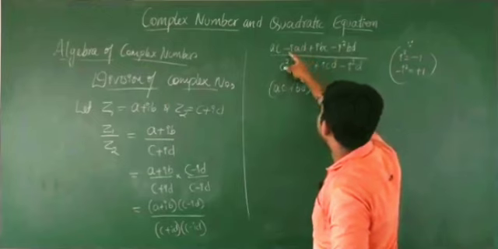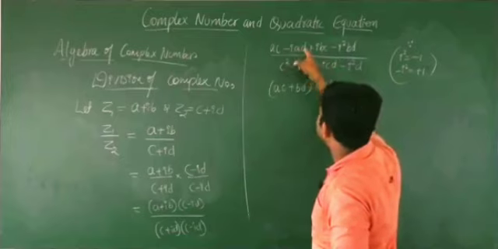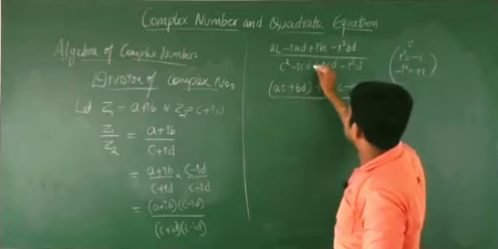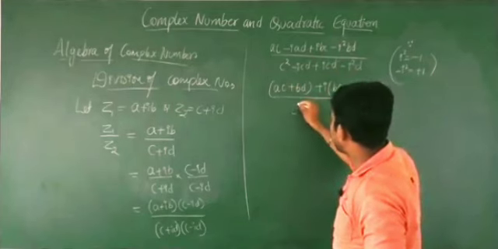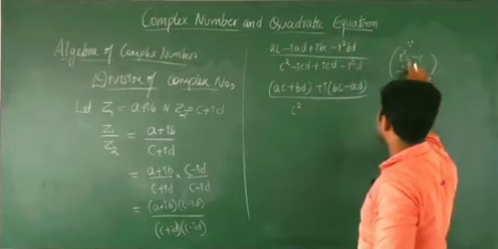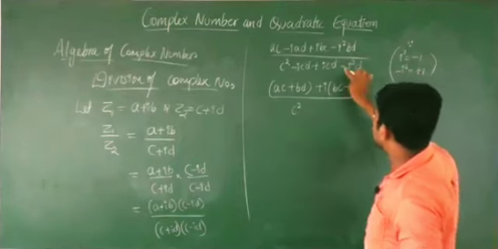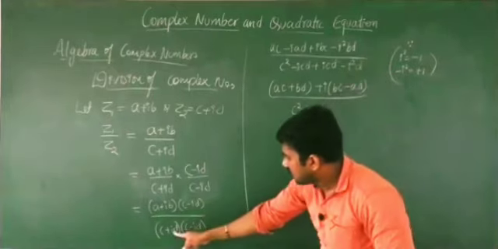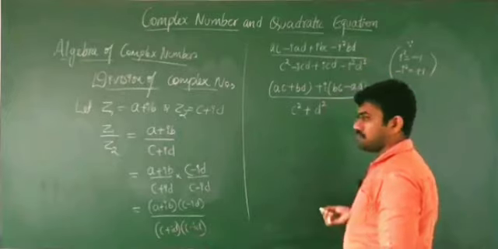Similarly, take i common from the other two terms and we get bc minus ad, divided by, the terms icd minus icd cancel, so we get c square minus i square d square, and minus i square is plus 1, so plus d square.